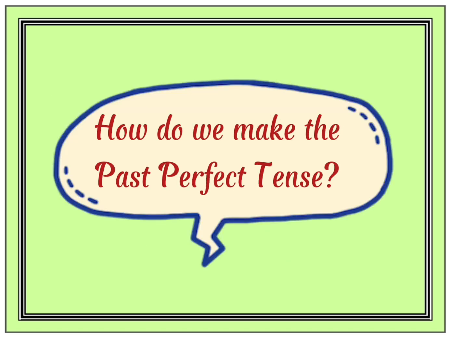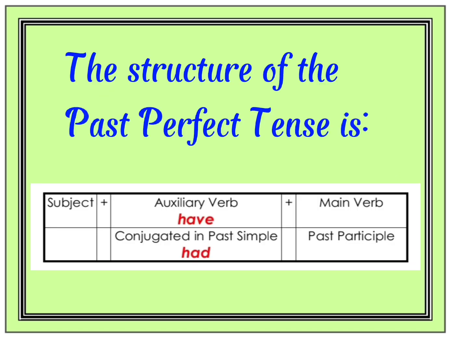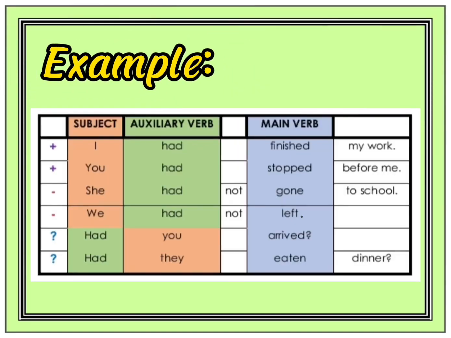So, how do we make the past perfect tense? The structure of the past perfect tense is the auxiliary verb have is conjugated in the past simple had. Let us look at these example sentences with the past perfect tense. The main verb is invariable in past participle form ed or irregular en, n, or ne ending.